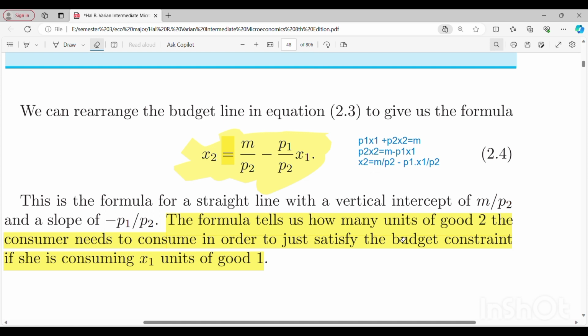So what does this formula tell? First of all, we got minus P1 by P2 as the slope of this straight line. So the budget line is a straight line, and the vertical intercept is M by P2.